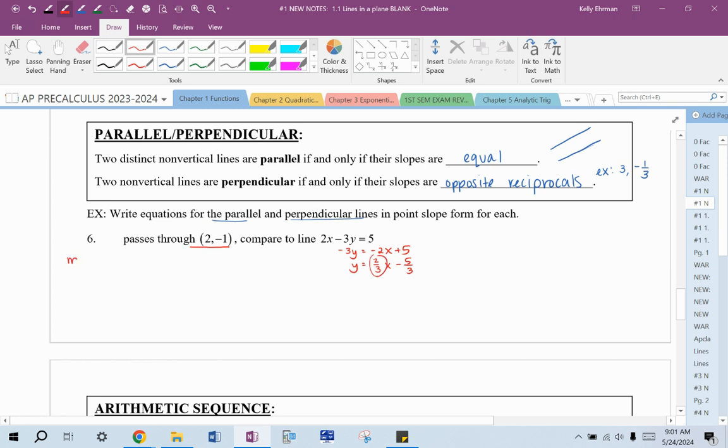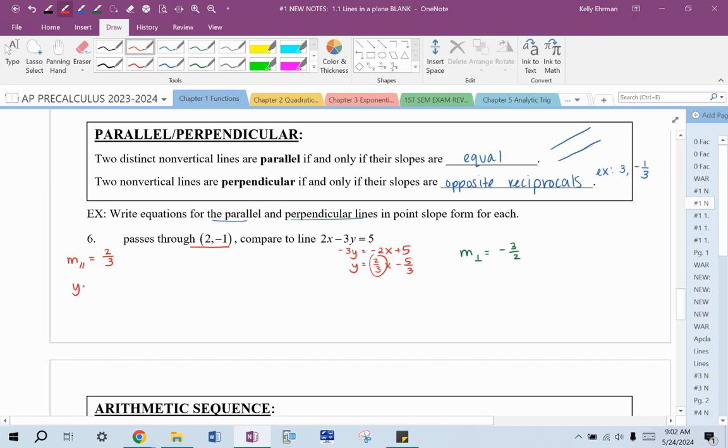So if I want to write a parallel line, the slope I'm going to use is the same, 2/3. If I want to write a perpendicular line, the slope is going to be the opposite reciprocal, so negative 3 divided by 2. All right, so let's start with the parallel line. We're using this point and this slope.